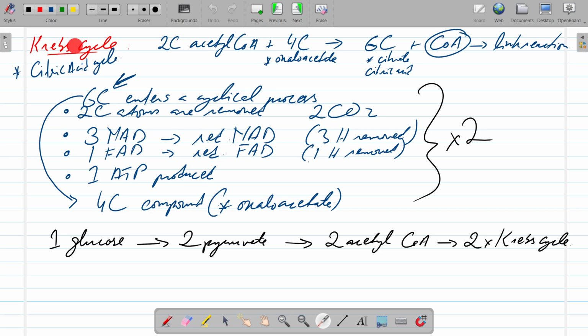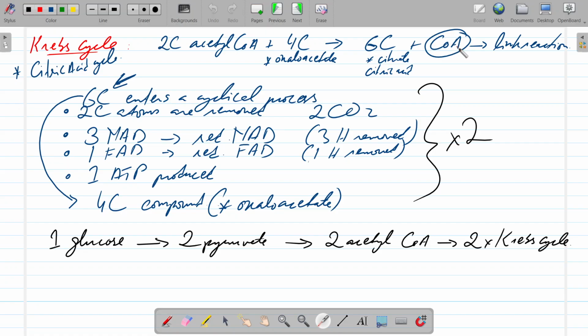Then we come to the Krebs cycle. Over here we have the 2-carbon acetyl coenzyme A coming in from the link reaction, which combines with a 4-carbon molecule called oxaloacetate, so that's not mentioned in the Edexcel book, and you end up with a 6-carbon molecule, which is citrate or citric acid.